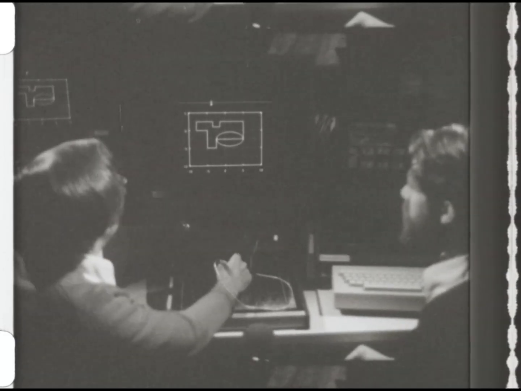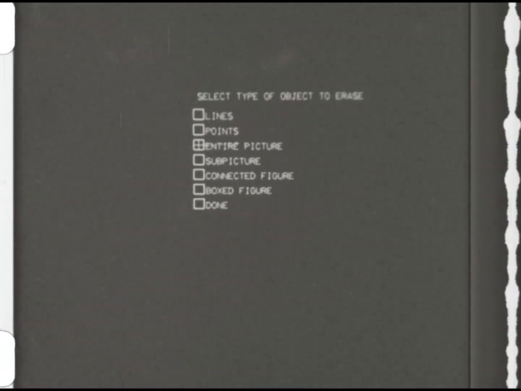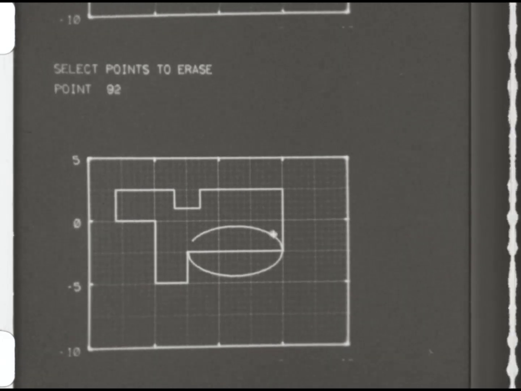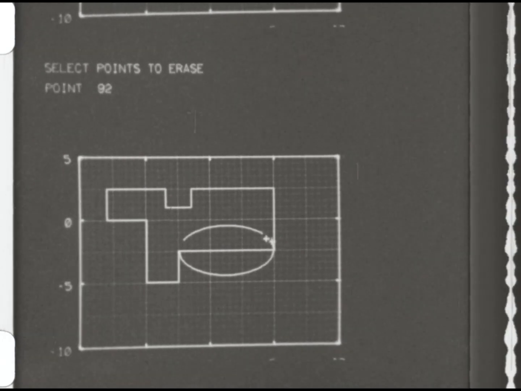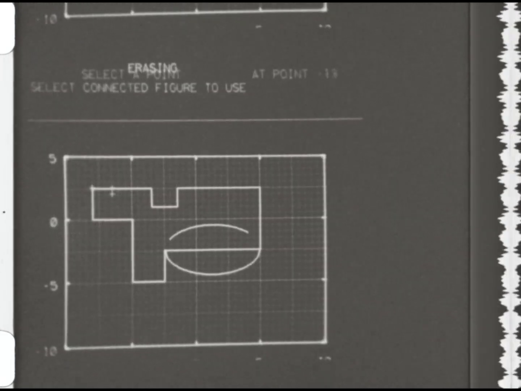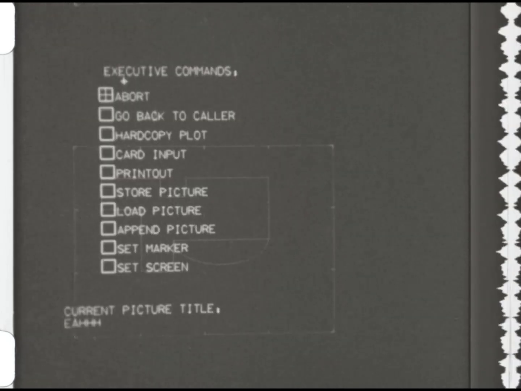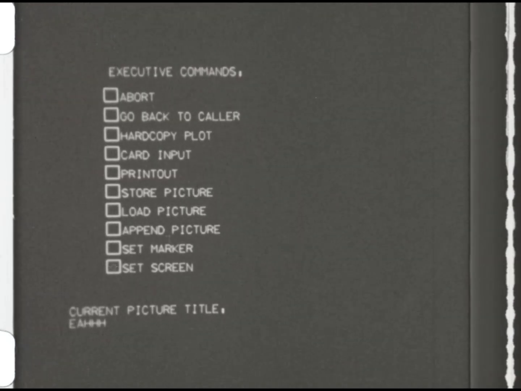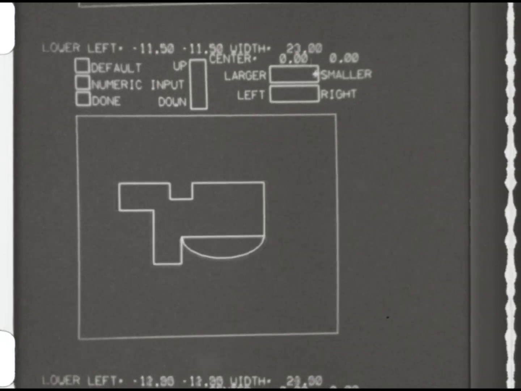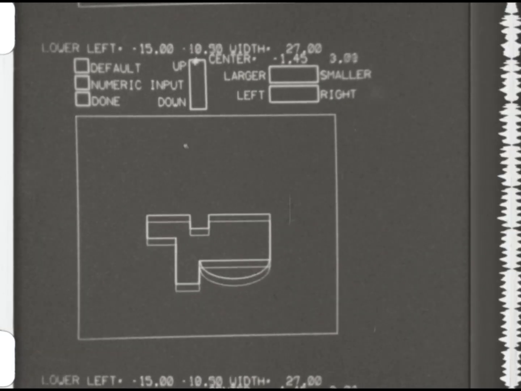This part of the program is a very flexible graphic input program which allows us to draw in parts, draw in circles, erase points, lines, connected figures, scale things, make them larger, smaller, shift them to the right, to the left, down, up.